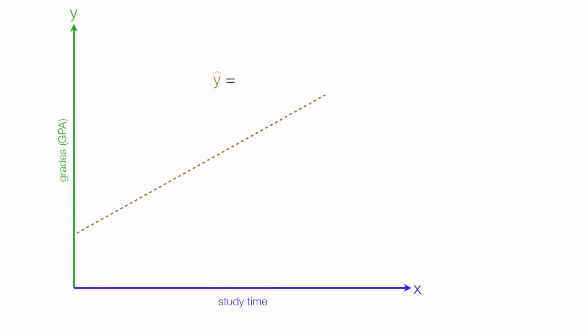In this case, y hat is estimated grades, and it's equal to b0 plus b1 times x, where x is study time. b0 we derive mathematically, and it is the y-intercept. b1 we also derive mathematically, and I'll do it in a later video, and it's the slope of the line. In this case, the slope is positive. In the next video, I'll discuss how you develop these equations.